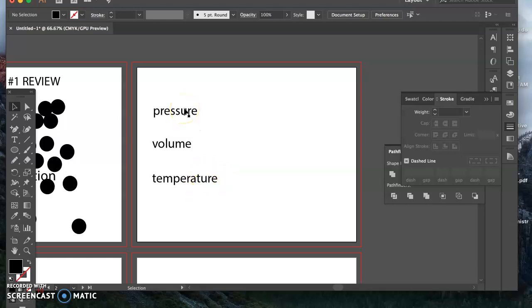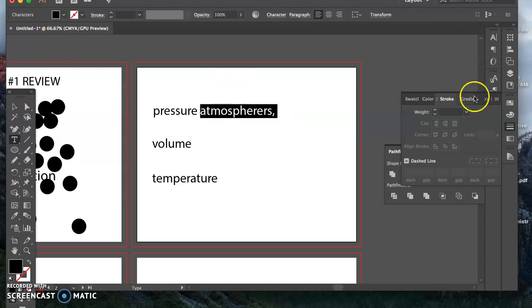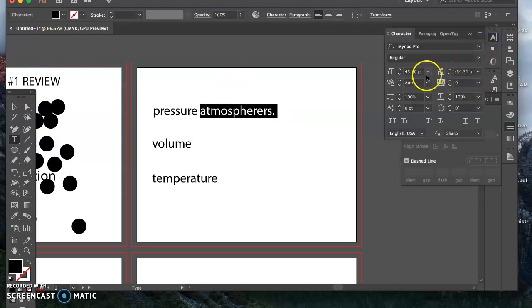Pressure is normally measured in atmospheres. Can be measured in torr.